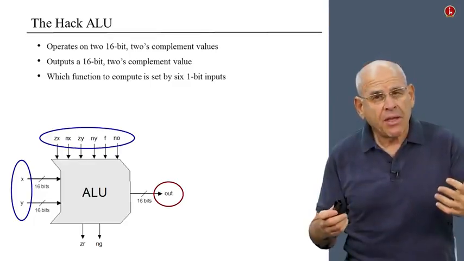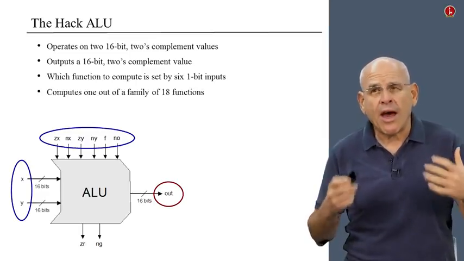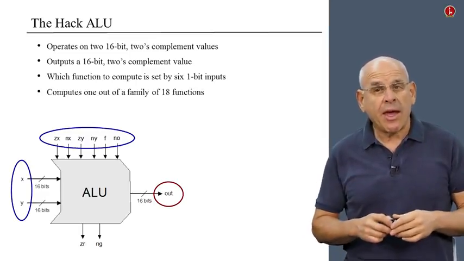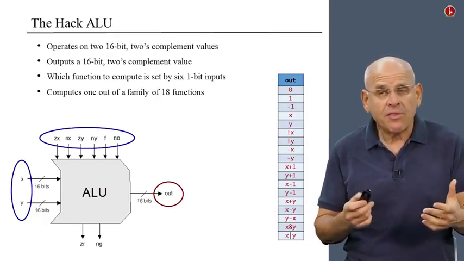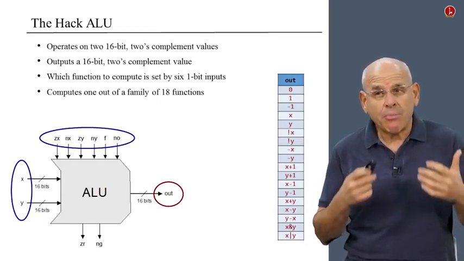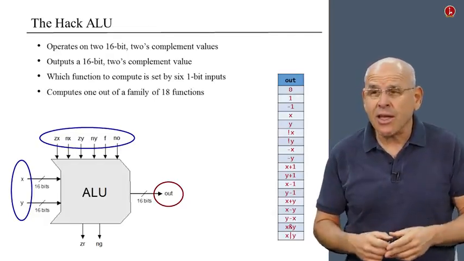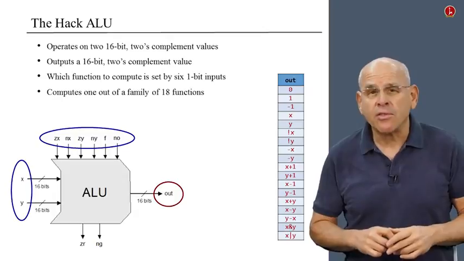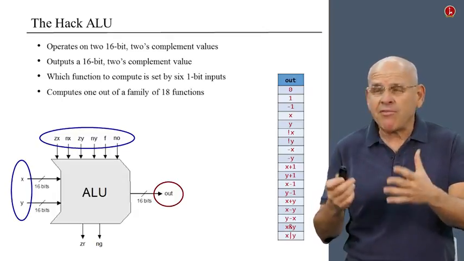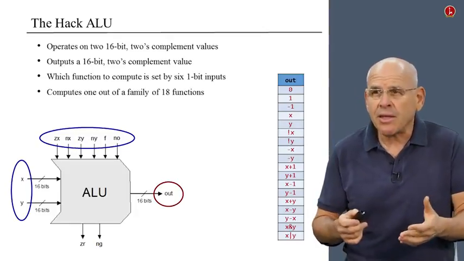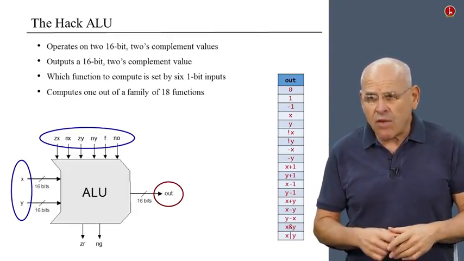Based on these 6 control bits, the ALU computes one out of the following 18 functions of interest. I call these functions of interest because in principle, the ALU can compute many more functions, but we've decided to focus on these 18 functions only. Some of these functions are very simple, like the constants 0, 1, minus 1, x, y, and so on.